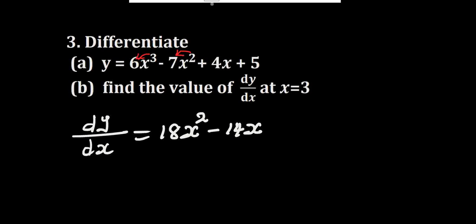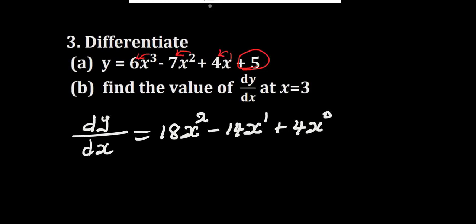Reduce 2 by 1, that gives you 1, and this has 1 over here, and 1 times 4 is 4. Reduce 1 by 1, and that gives you 0. You can simply ignore this 5 because it has no x attached.